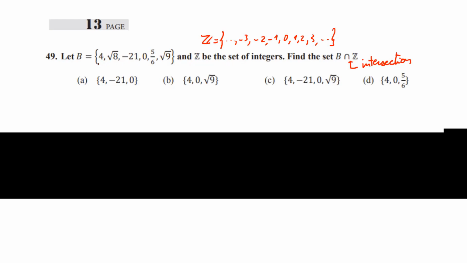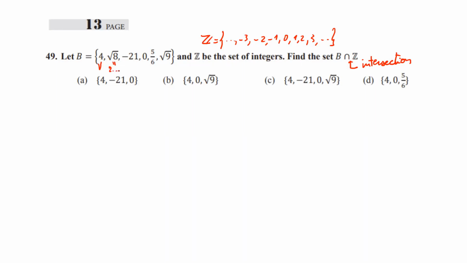So 4 is an integer, yes. Square root of 8, if we calculate it, is 2 point something. So it's not an integer. It's not an element of Z. -21 is an element of Z. 0 also. 5/6 is a rational number. It's not an element of Z. Square root of 9, yes.